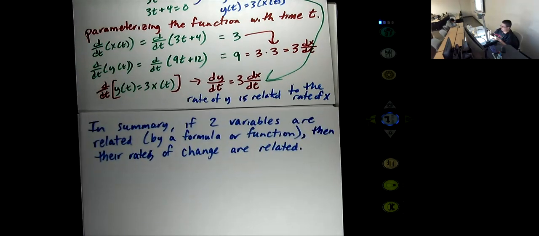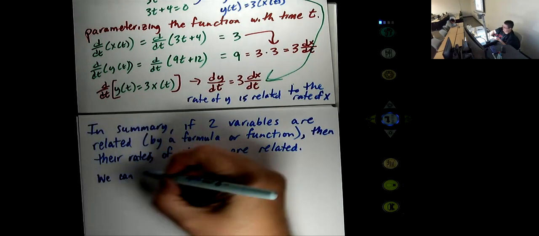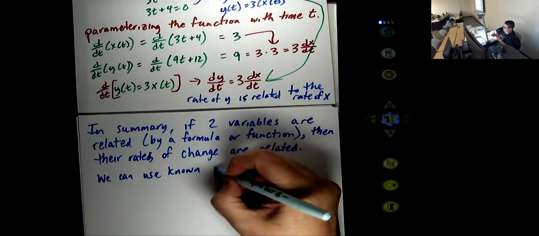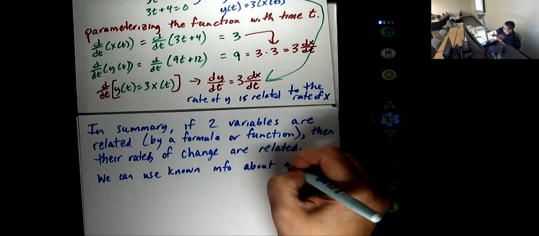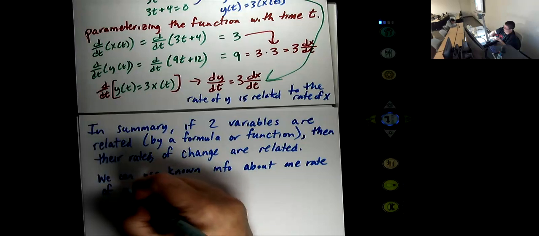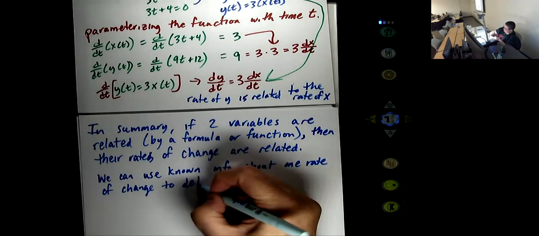And the way we're going to use this, we can use known info about one rate of change to determine the value of the other.